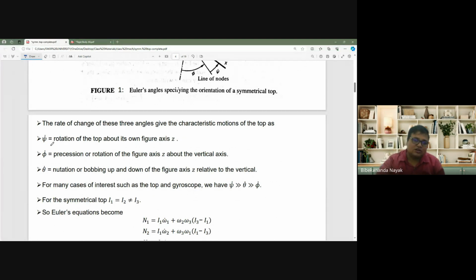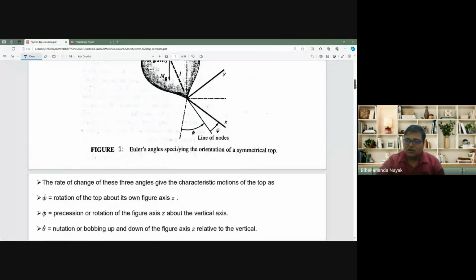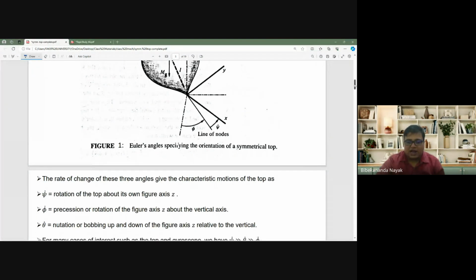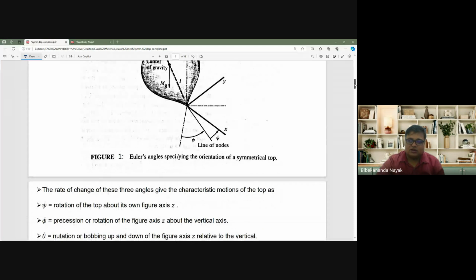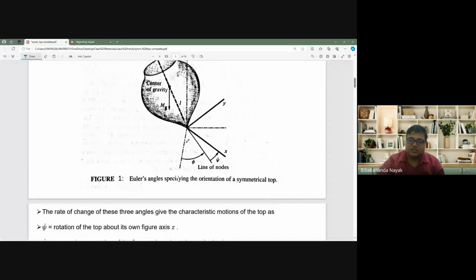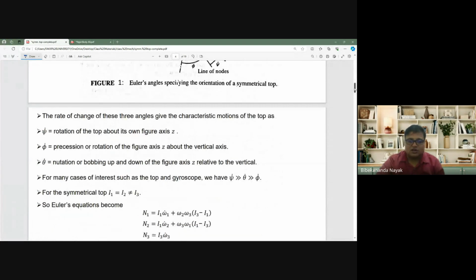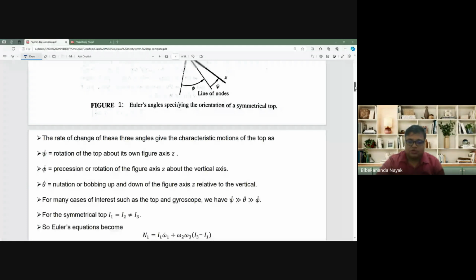Psi dot, d psi by dt, is the rotation of the top about its own figure axis z. Then phi dot is the precession, or rotation of the figure axis about the vertical, and theta dot is the nutation, the bobbing up and down of the figure axis.